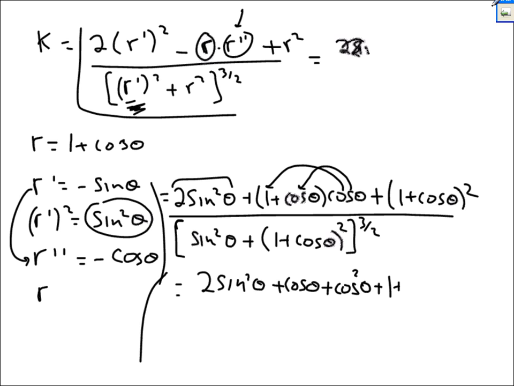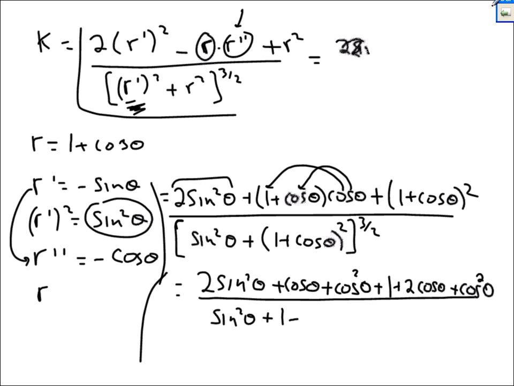You get 1 squared plus 2 times 1 cosine of theta plus cosine squared theta, all over sine squared theta plus 1 plus cosine theta squared, which is 1 plus 2 cosine theta plus cosine squared theta, all to the 3/2 power.